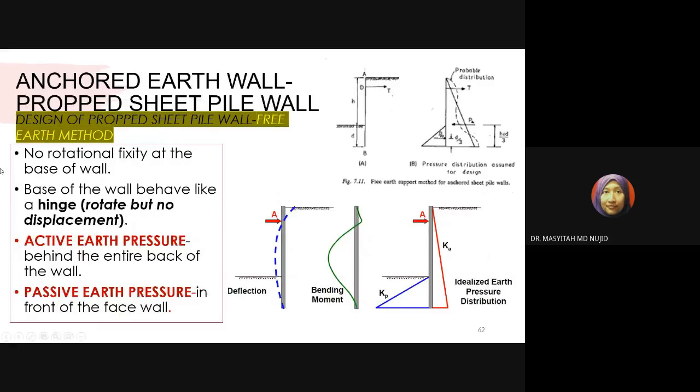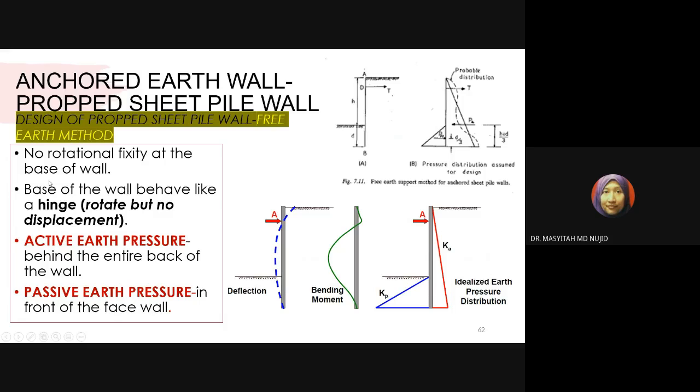Again here, in order to design a propped sheet pile wall according to the free earth method, you can see the deflections of the wall, also the pressure distribution, similarly to the bending moment. Due to the prop force A here, rotation may occur at the base of the wall, which may induce a negative bending moment.